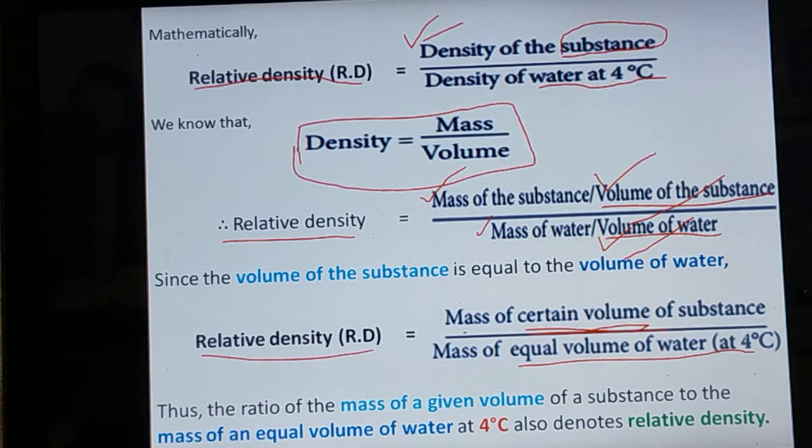By the help of this formula we can calculate the density of the given unknown substance or liquid. Thus the ratio of the mass of a given volume of the substance to the mass of the same equal volume of water at 4 degrees Celsius is also called relative density. This is another way we can express what relative density is.